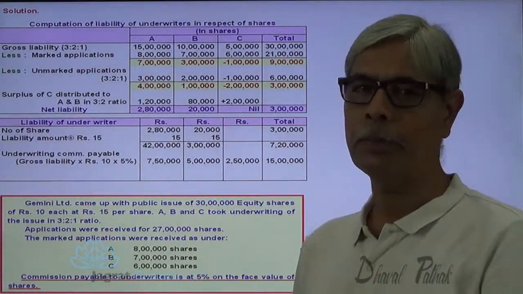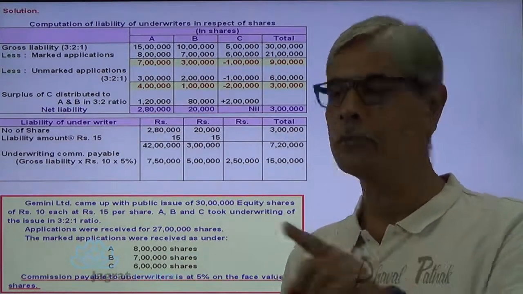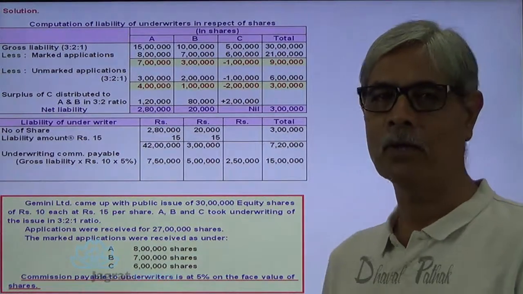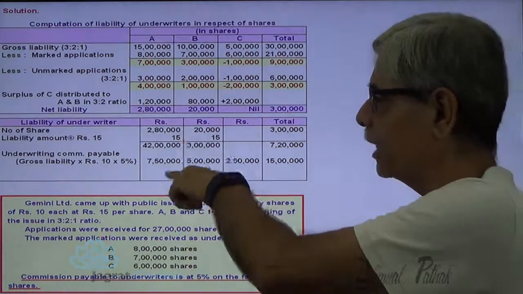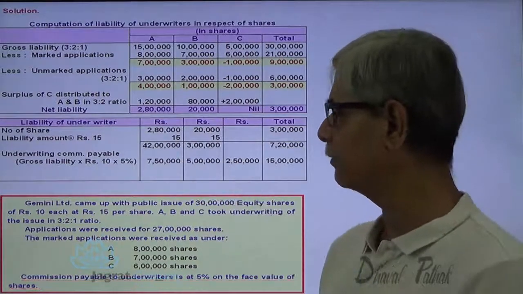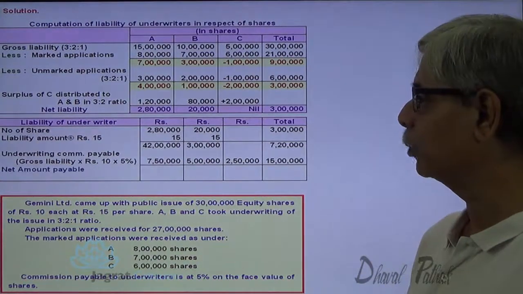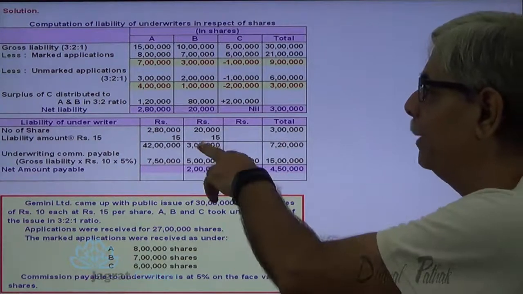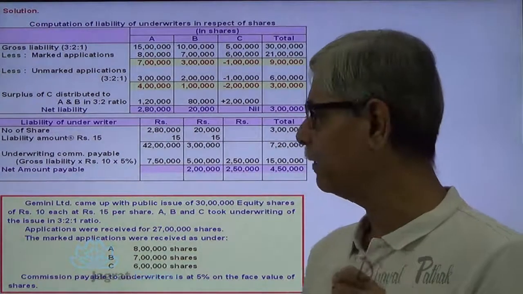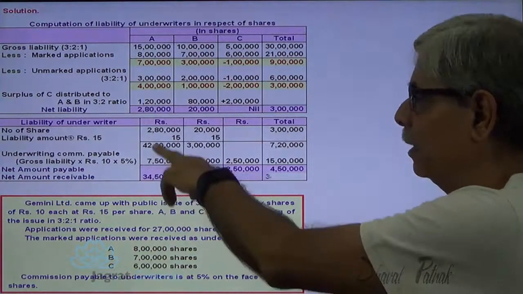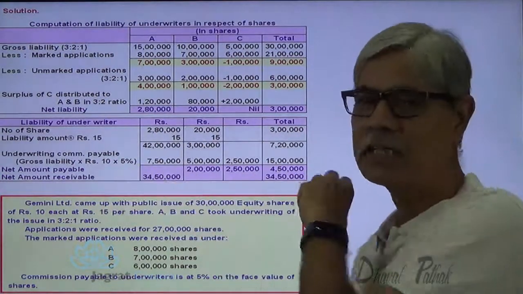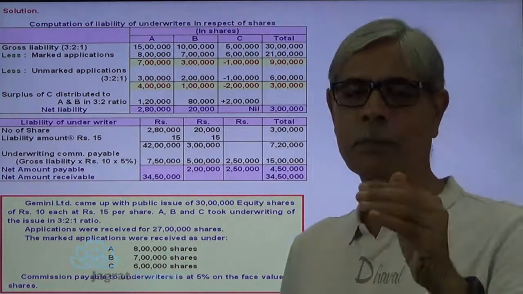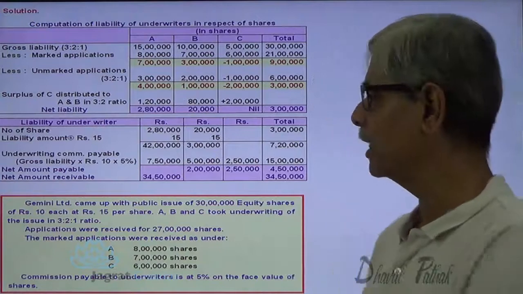A is supposed to pay 42 lakhs for allotment of shares. He is entitled to have a credit of 7,50,000 for underwriting commission. So A is required to pay 42 lakhs minus 7,50,000 to the company. B is required to pay rupees 3 lakhs for allotment of the shares.